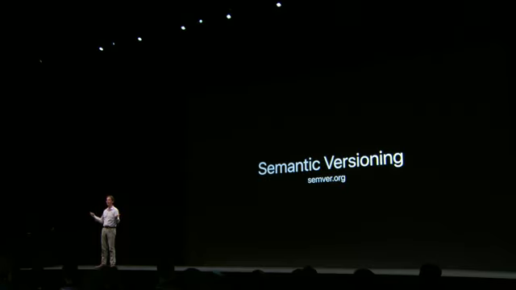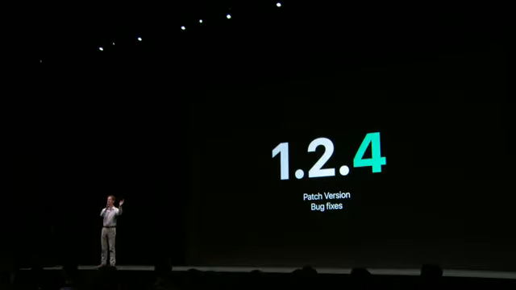And the way that we recommend to do that is with semantic versioning. Now, if you weren't in the packages talk, I'll do a quick review of what semantic versioning is. The smallest component is the patch version and represents when you make bug fixes or implementation changes to your framework that shouldn't affect your clients.